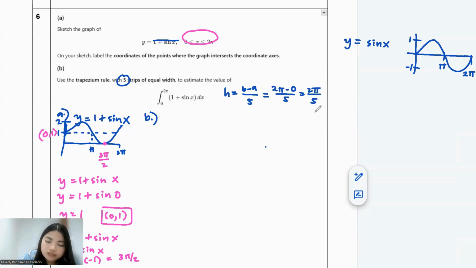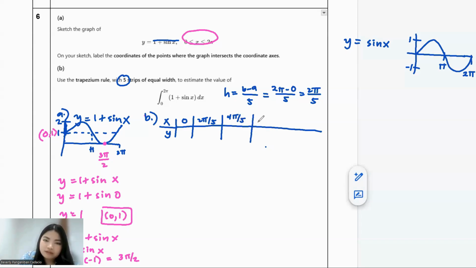It's kind of an annoying number because you will keep on adding that in your table. So meaning to say, my x and y here, let me just put that here. The first one will be 0, starting from 0, then add 2 pi over 5. And I want you to keep on adding. Just put it in the calculator. You must be in radian. 2 pi over 5 plus 2 pi over 5 will be 4 pi over 5, plus 2 pi over 5.